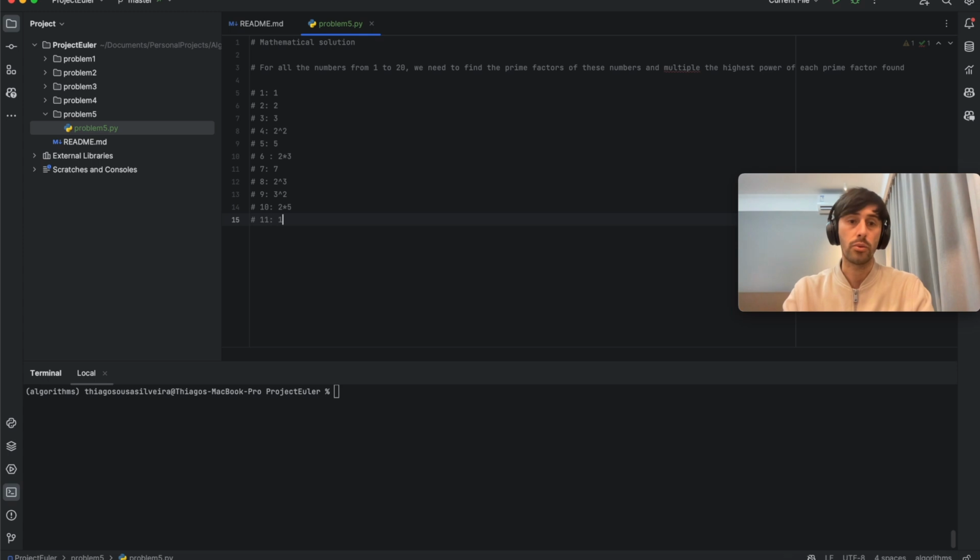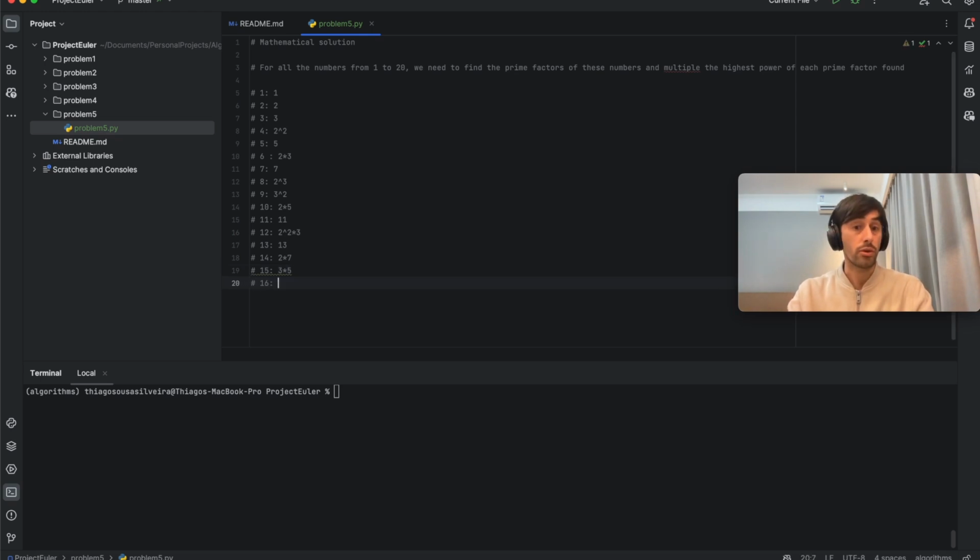11 is another prime number. 12 is 2 power 2 multiplied by 3. The prime factor of 13 is just 13 because it's a prime number. The prime factors of 14 are 2 multiplied by 7. The prime factors of 15 are 3 multiplied by 5.